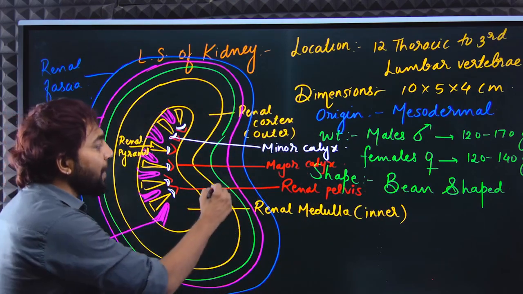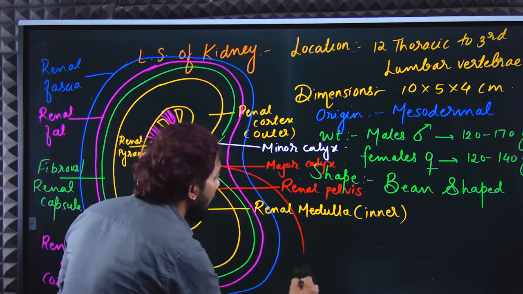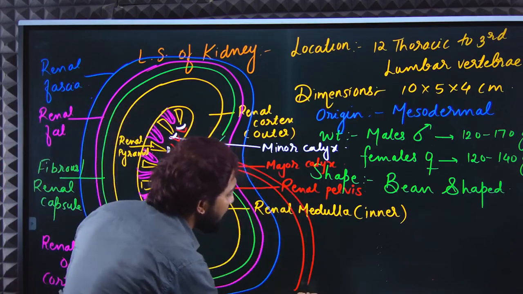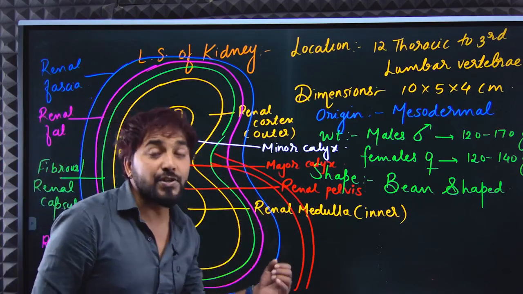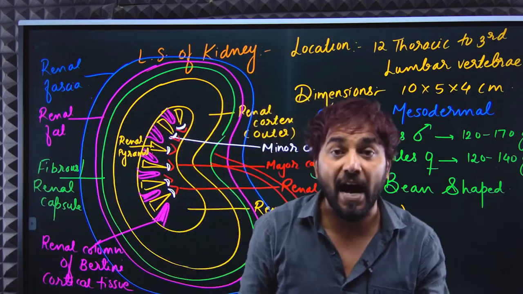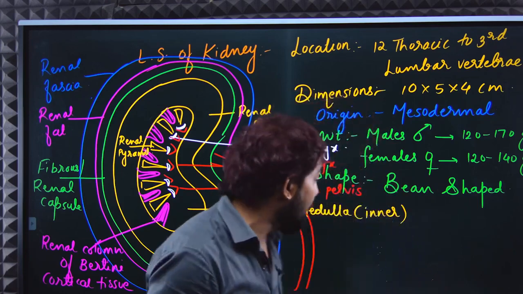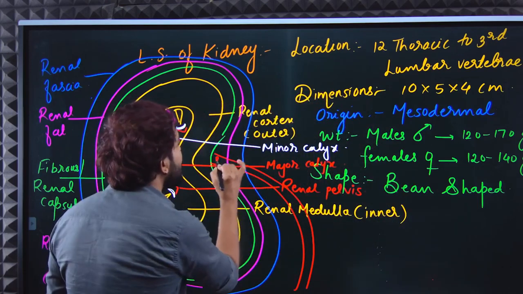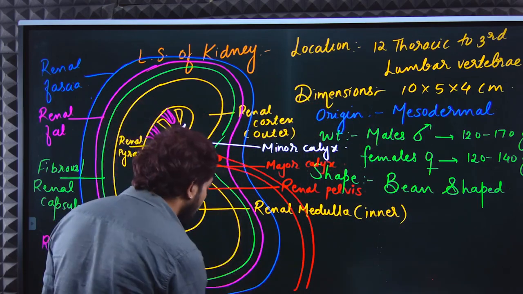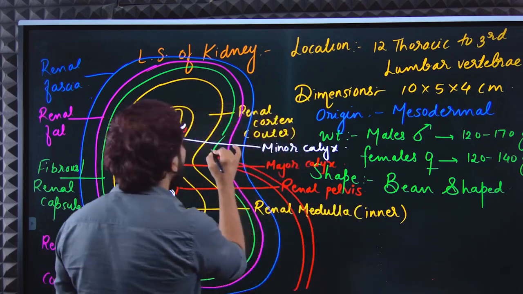Now a notch is there. From that notch, a structure arises, which is the ureter, which is going to carry the urine from the kidneys to the urinary bladder. This notch is called hilum.